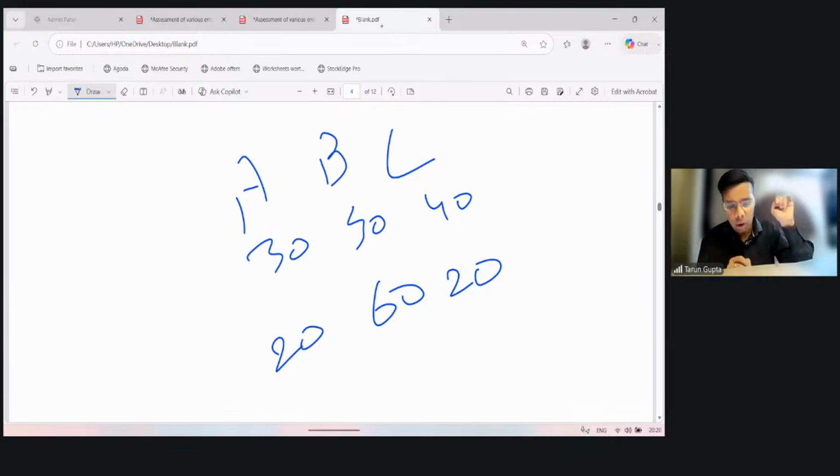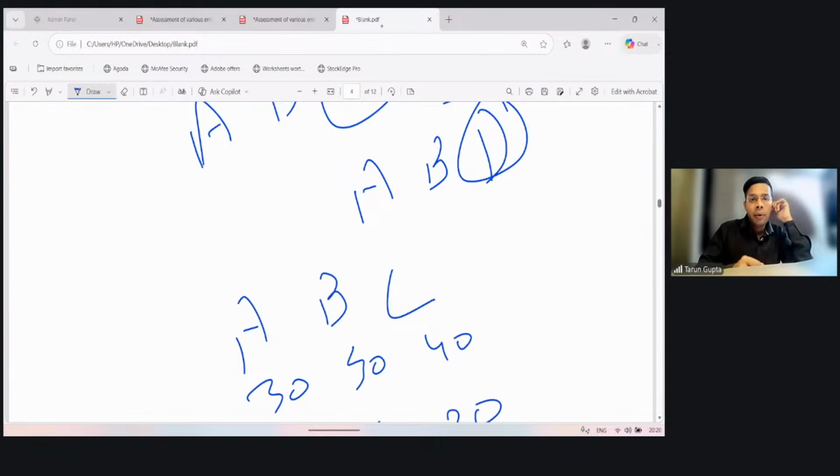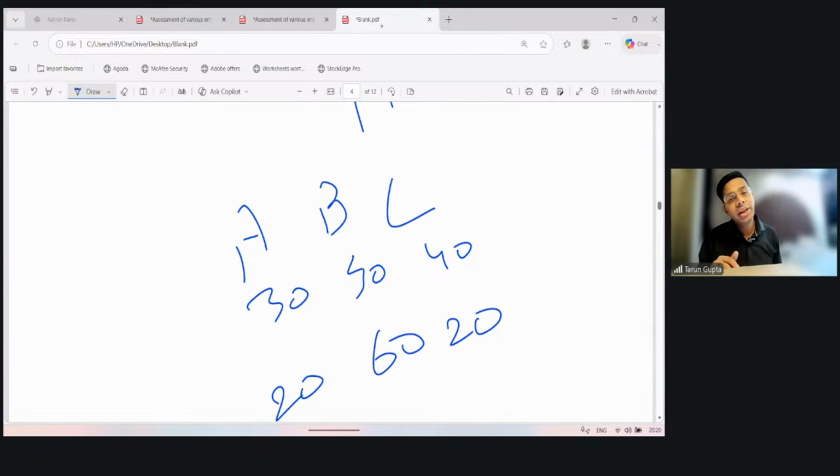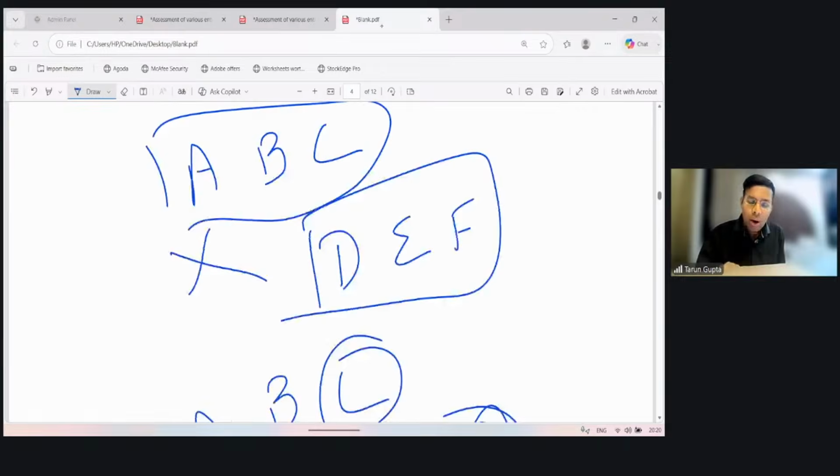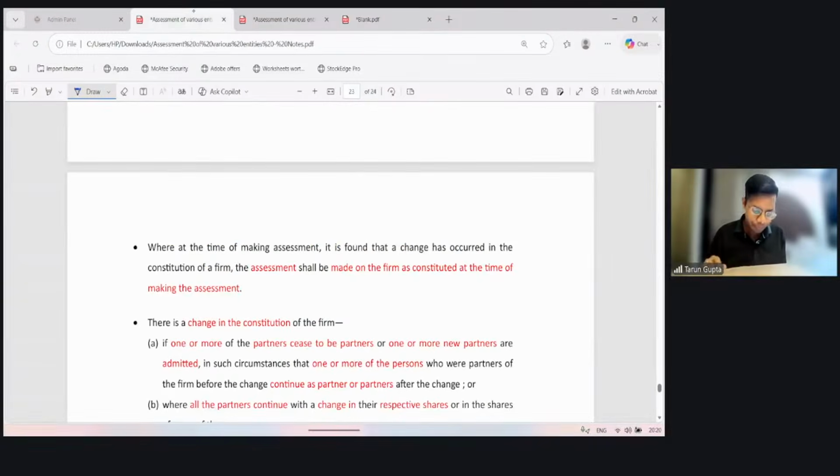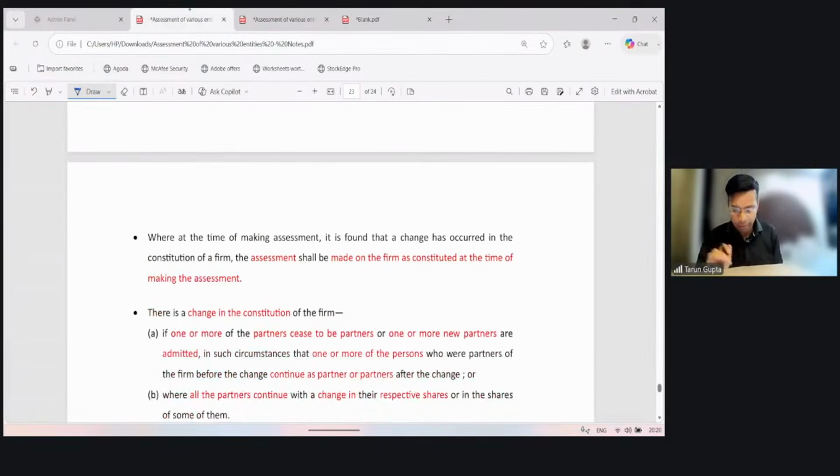In these two cases, there is a change in partner, but there is some person who was a partner earlier also and after the change also, that is a change in constitution. Or there is no change in the partners, but they're changing the profit sharing ratio. They're changing constitution. But if all the partners have changed, then this is a succession, not a change.